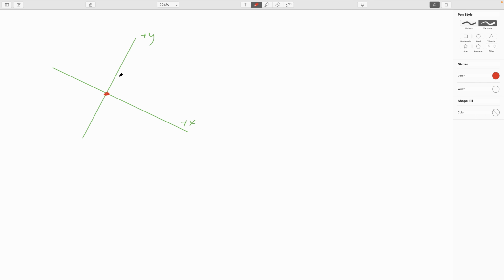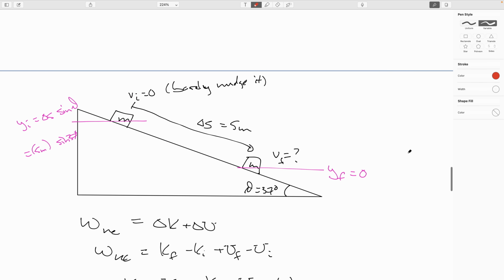So we've got the normal force perpendicular to the ramp, the force of kinetic friction parallel to the ramp, and sorry, I forgot to mention here our coefficient of kinetic friction is 0.25.